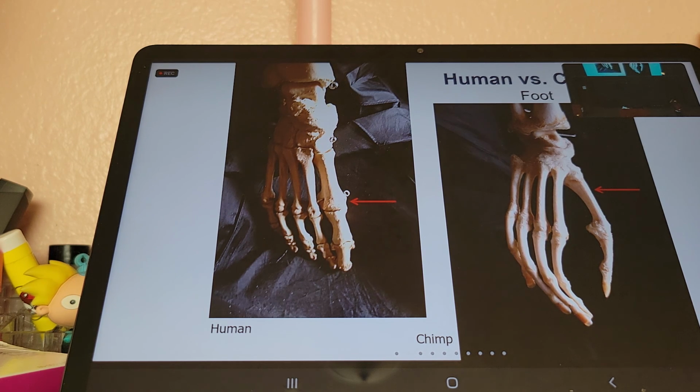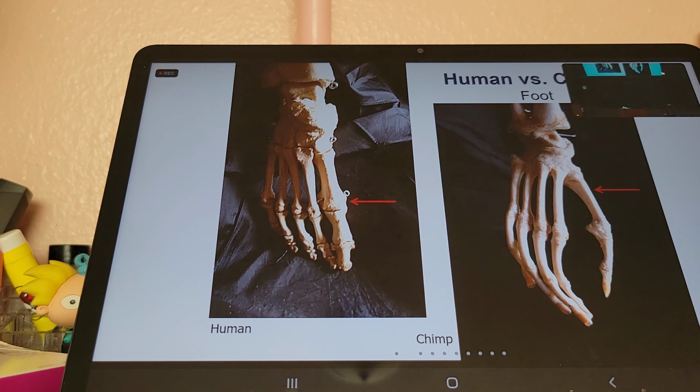The human foot has evolved for being a platform and also for propulsion. That first digit or the big toe is pulled into line with the other toes, and you notice the big toe itself is pretty robust. The first metatarsal is really thick. The toe bones of the first digit or the big toe are really big and thick, and that's because it's a propulsive tool.